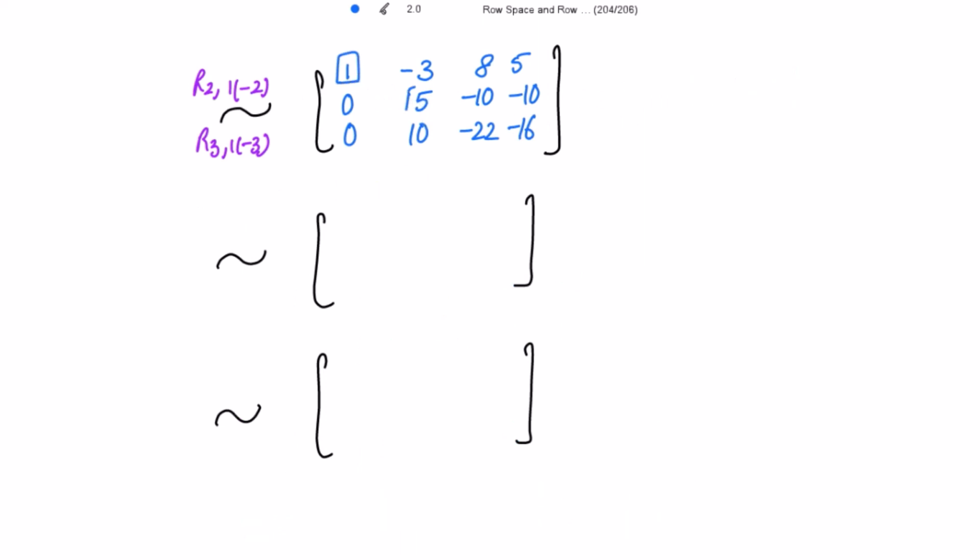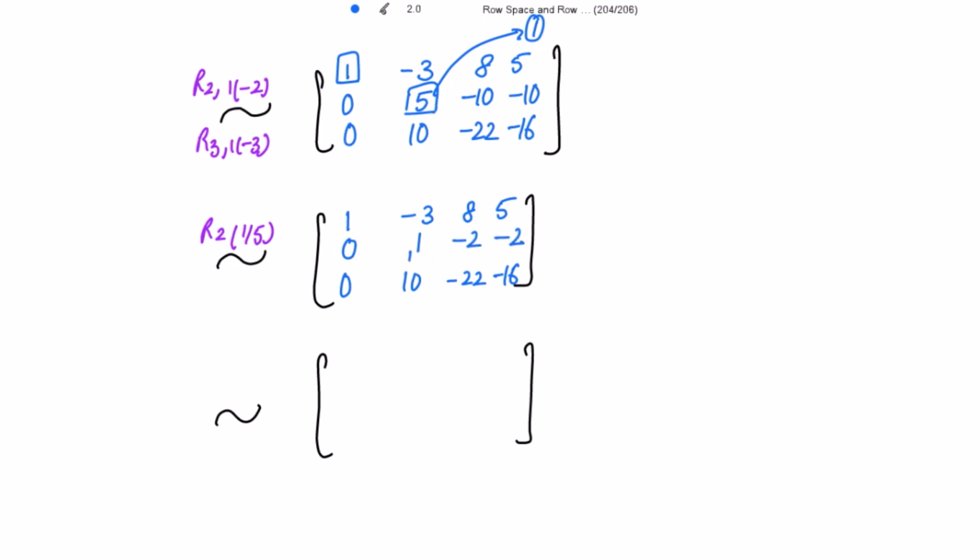To get the leading element over here, we need to make this as 1. For that, just multiplying the elements of row 2 with 1 over 5. Writing the first row as it is, writing the third row as it is, and multiplying the elements of row 2 with 1 over 5, that is 0, 1, minus 2 and minus 2, right?